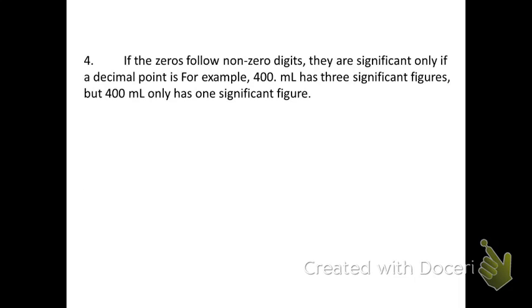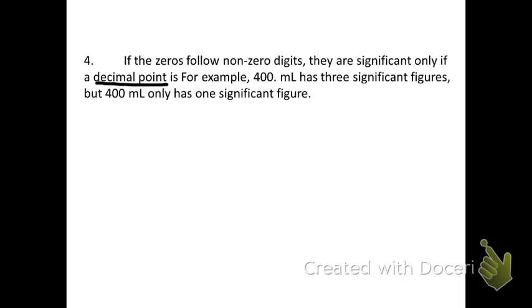Alright, now we're going to look at our very last rule on significant figures. If the zeros follow non-zero digits, they are significant only if a decimal point is there. Okay, so a decimal point must be in the number in order for zeros to be significant at the end of a number.